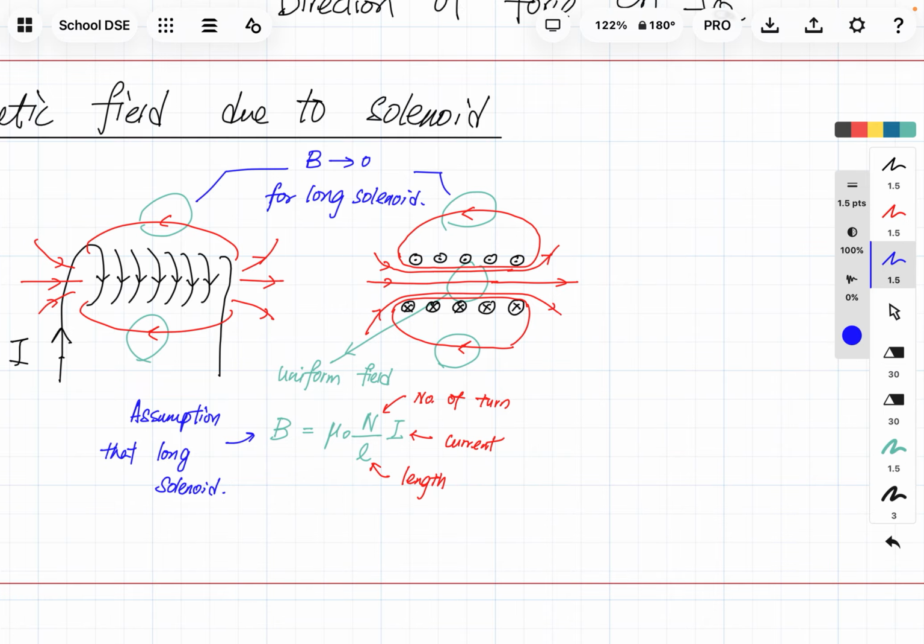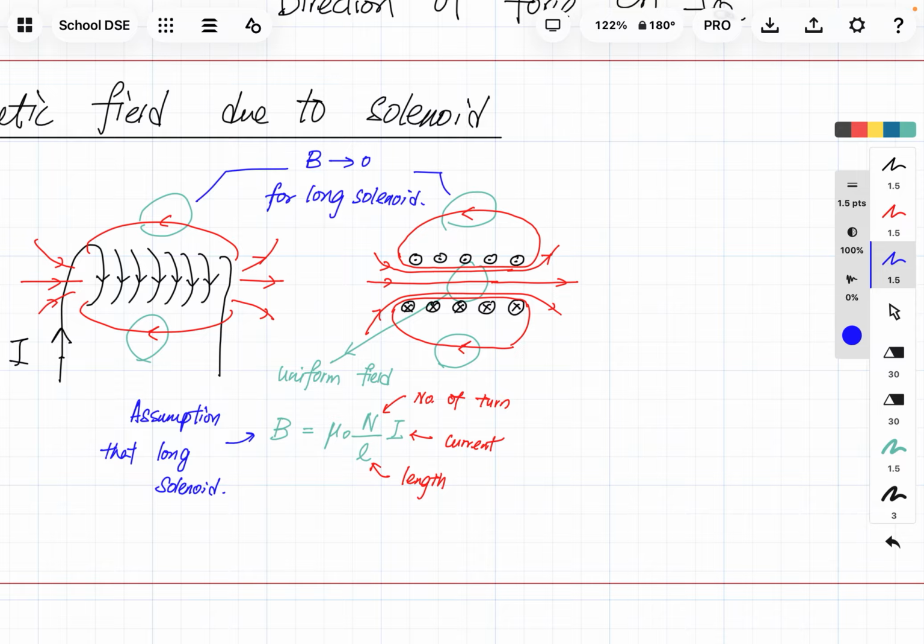If you have two solenoids like this, then this region will have no magnetic field. B will be 0. And only this part has magnetic field.